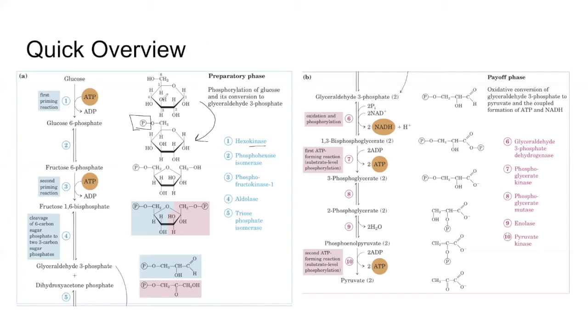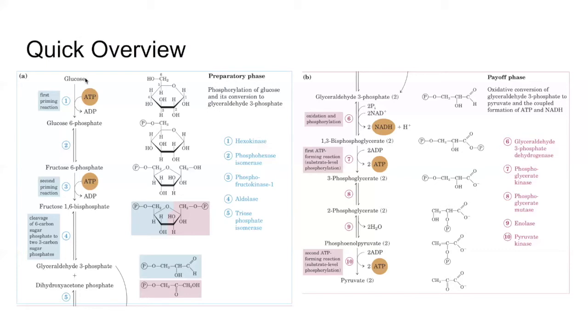Anytime you see a phosphate added, you should expect it's a kinase that does that. The hexo is less important for us. If you do say hexokinase, it tells us that you know the pathway, but if you just mention kinase, it allows us to understand that you know what kind of biochemistry is going on. So that's the first step.